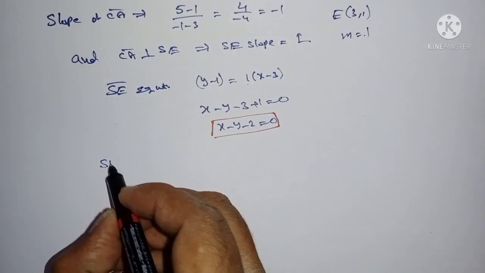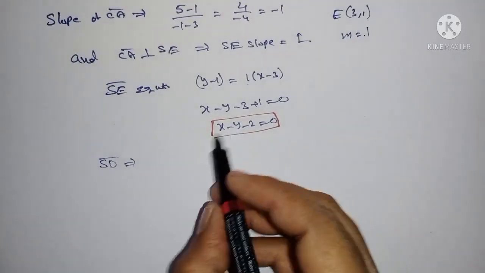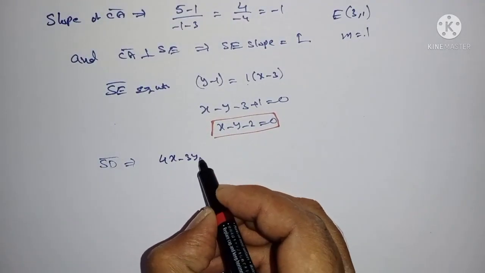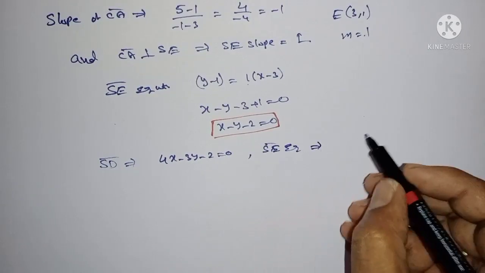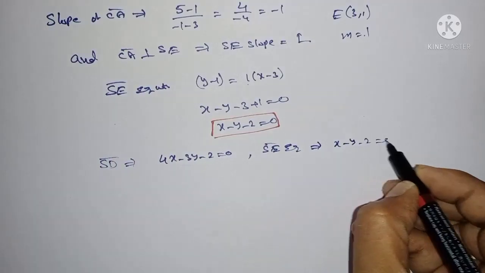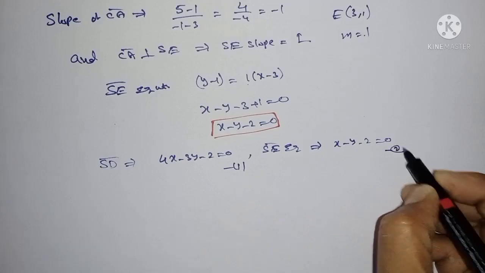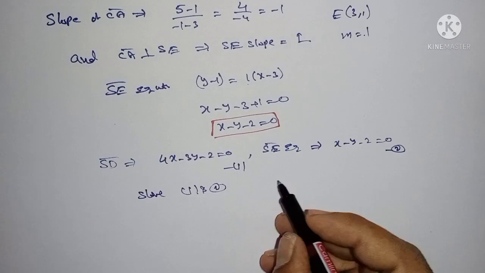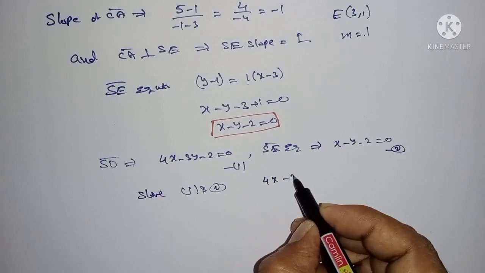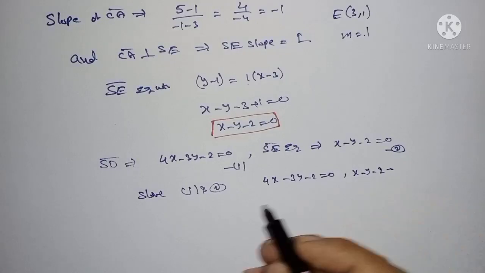The SD equation, once again: 4x minus 3y minus 2 is equal to 0. And the SE equation: x minus y minus 2 is equal to 0. You can solve these equations, solve 1 and 2. 4x minus 3y minus 2 is equal to 0, x minus y minus 2 is equal to 0.